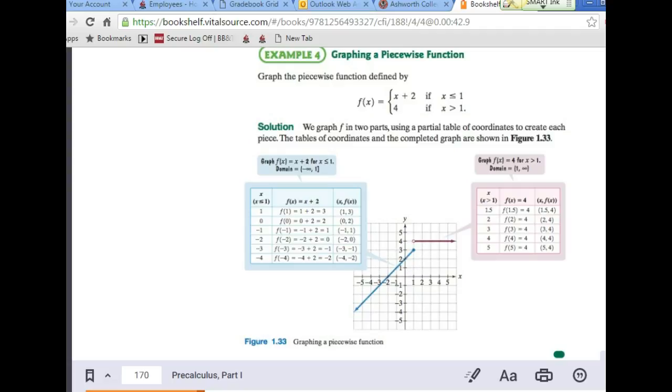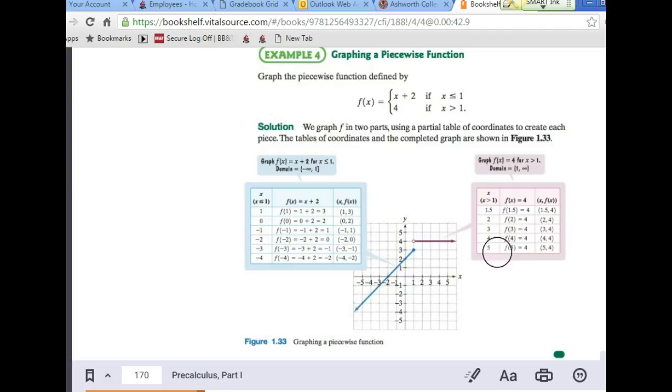Now, for everything greater than 1, we're going to say that it's 4. That means no matter what number the x is, the y value, because that's what f of x means, f of x is going to be 4. So if I pick 1.5, it's 4. If I pick 2, it's 4. If I pick 3, it's 4. If I pick 4, it's 4.